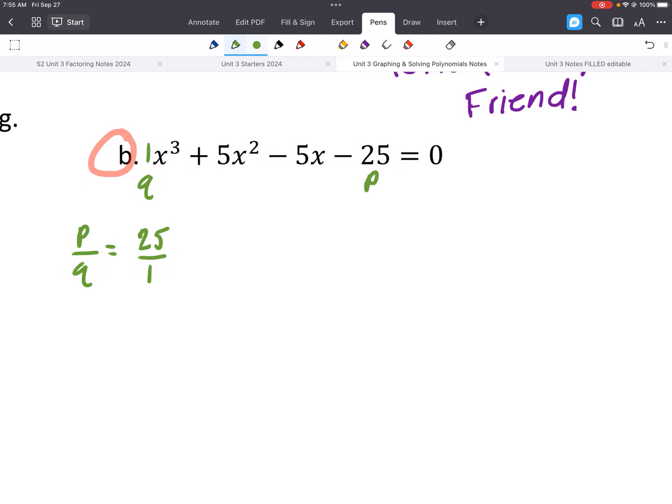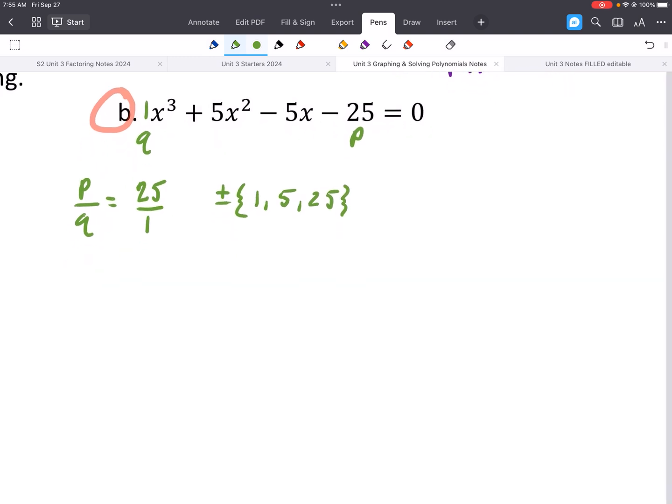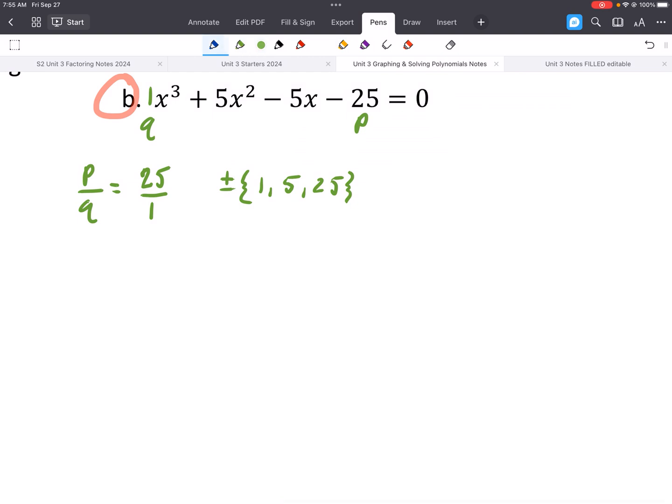So our possible rational roots would be plus or minus all the factors of 25. So 1, 5, and 25. Okay, so those are our only choices.